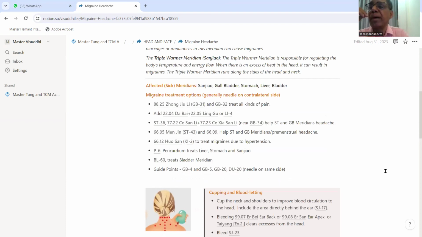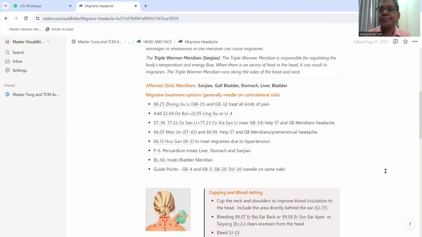In case of migraine headache, you need to needle the contralateral, opposite side. If the migraine is on the right side, needle the left side. If it is on the left, needle the right side.